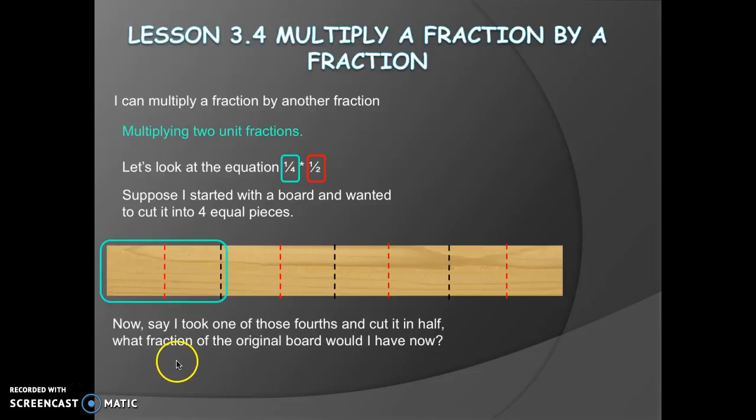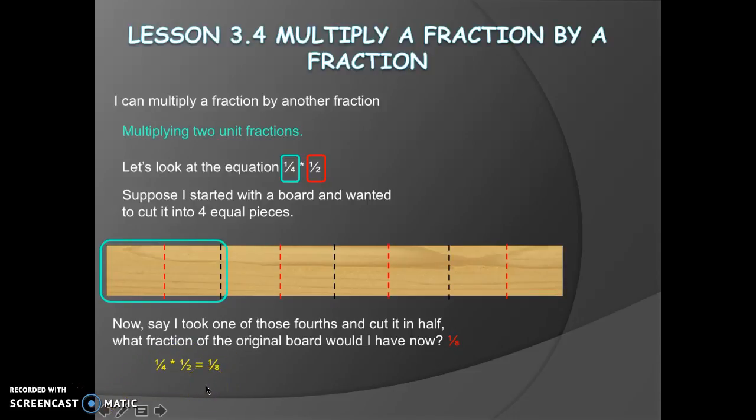And now I can see that my board is cut into 1, 2, 3, 4, 5, 6, 7, 8 equal parts. So this half of a fourth is 1/8 of the whole board. So 1/4 times 1/2 equals 1/8.